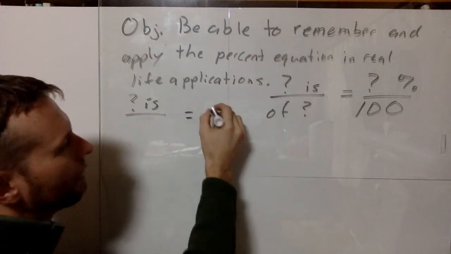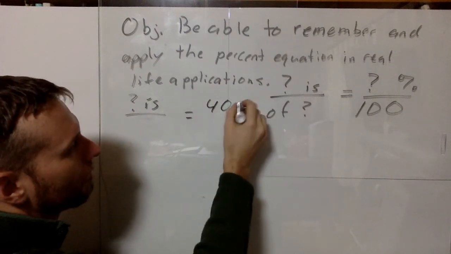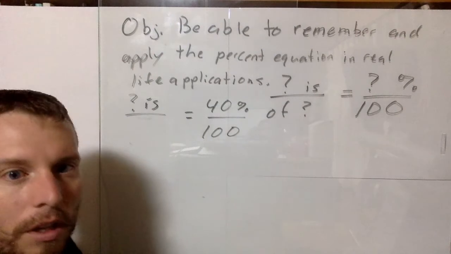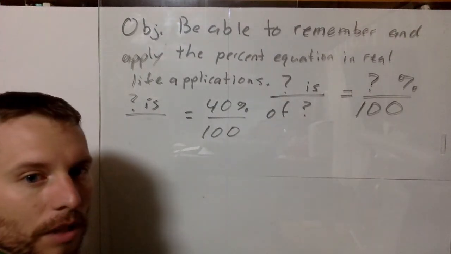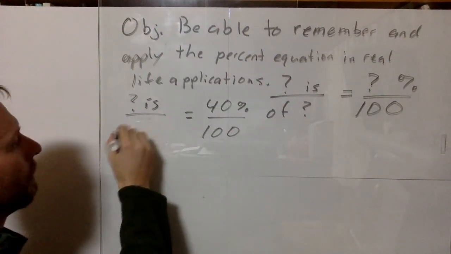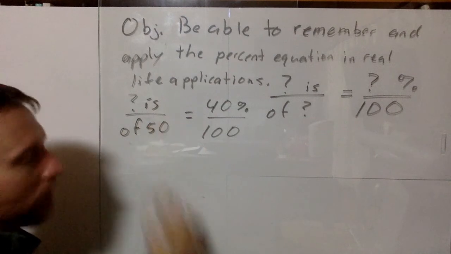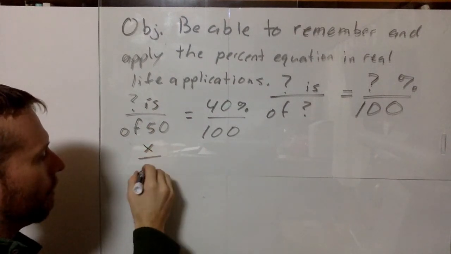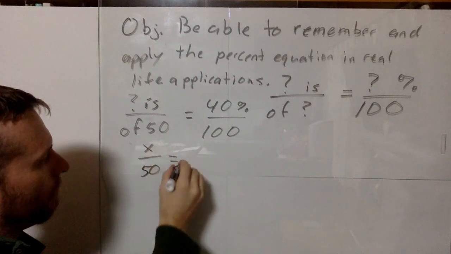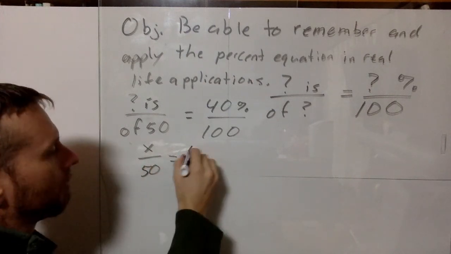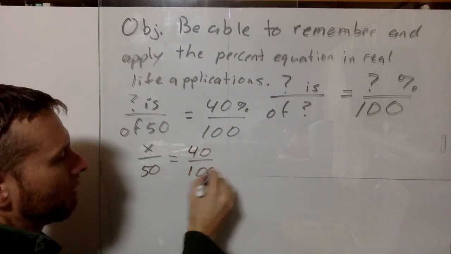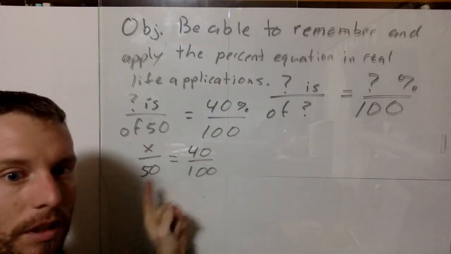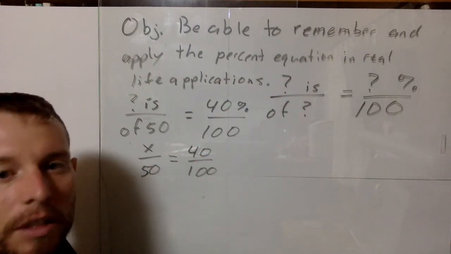But we do know the 40%. The bottom is always 100. Of 50. So now we have the basic proportion problem.